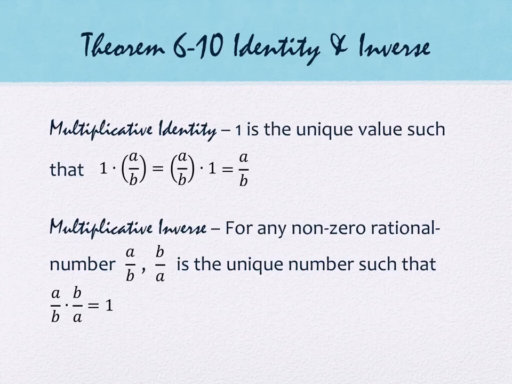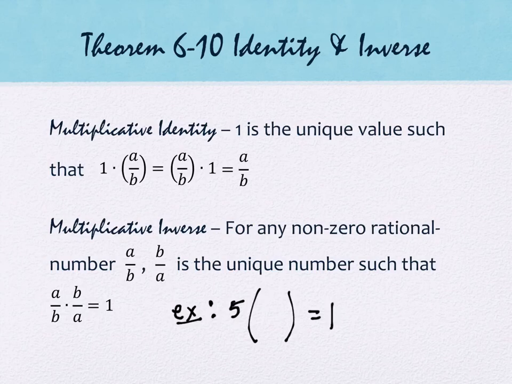The multiplicative inverse is the value that I multiply by to get back to the number 1. So as long as I don't have the number 0, because I can't multiply 0 by anything and get 1. As long as I don't have the number 0, it will have a multiplicative inverse. For example, if I had the number 5, what would I multiply 5 by to get 1?